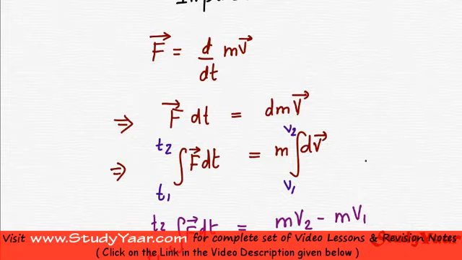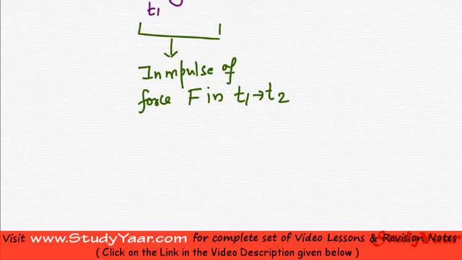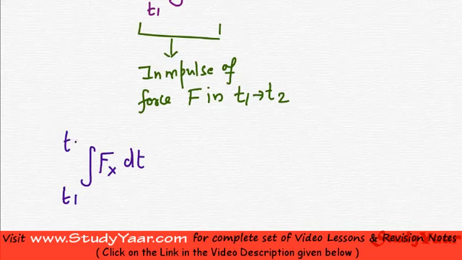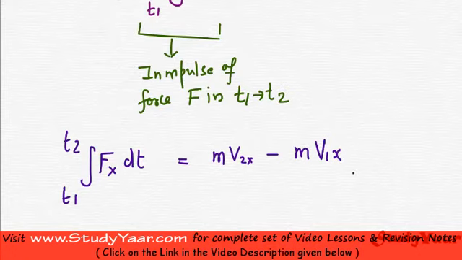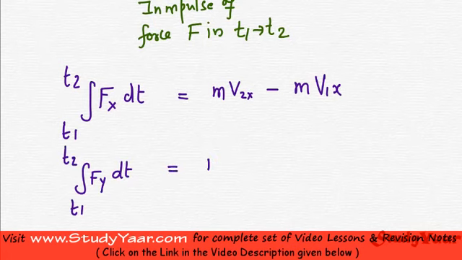If I represent force and velocity as components in the x and y directions, my impulse in the x direction from t1 to t2 is equal to the change in momentum in the x direction, so mv2x minus mv1x. Similarly, the impulse of force F in the y direction is equal to mv2y minus mv1y.